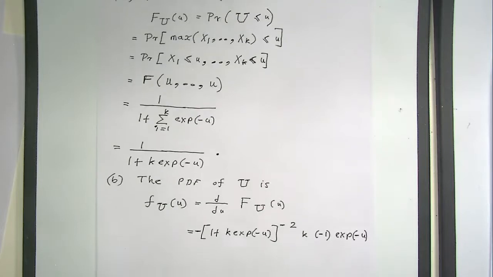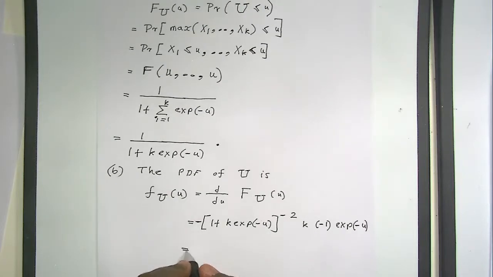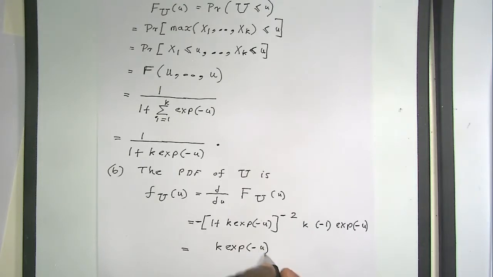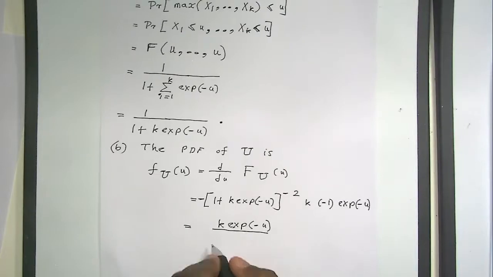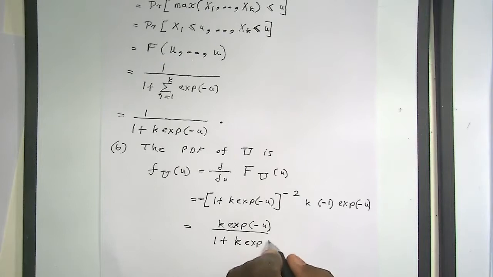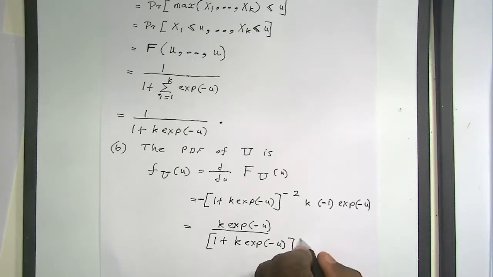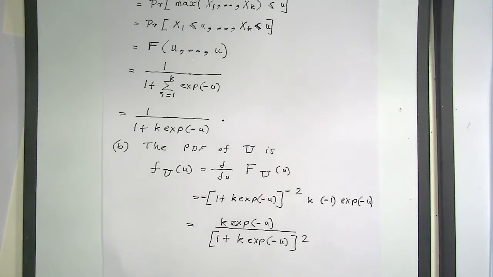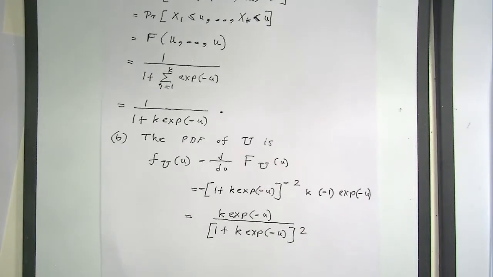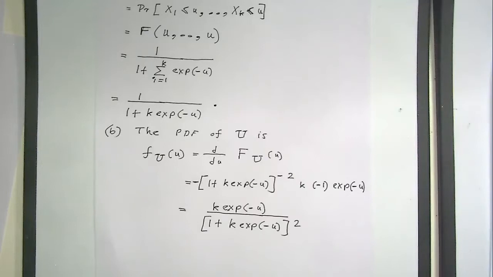If you simplify this, you get k exponential of minus u divided by 1 plus k exponential of minus u, squared. So this is the probability density function of u. Okay, guys?